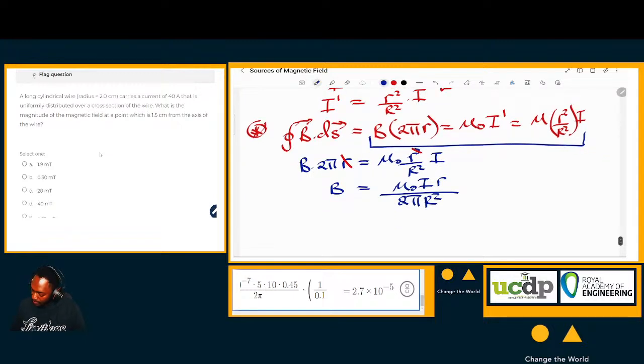Okay, and this applies as the magnetic field for whenever the radius is less than the actual radius.